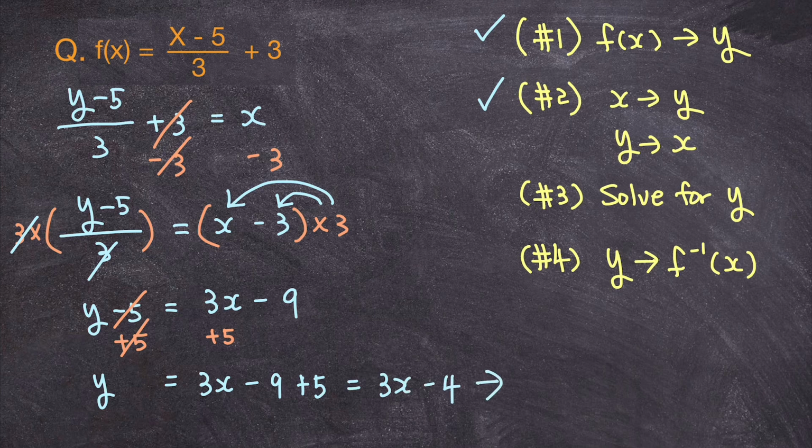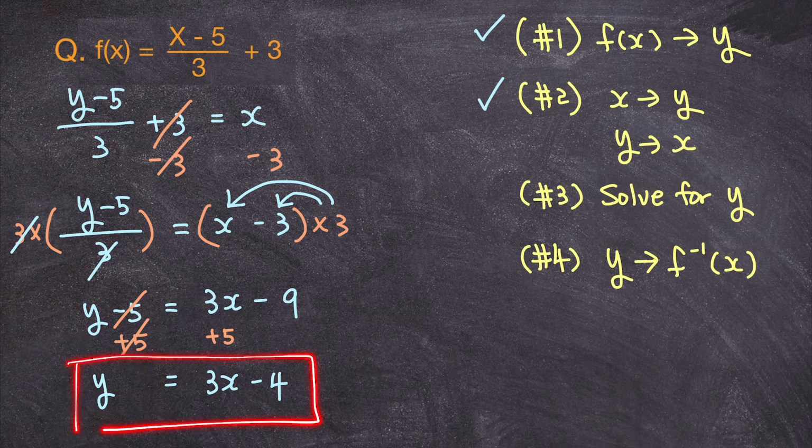So, let's just write it like this. Y is equal to 3x minus 4.